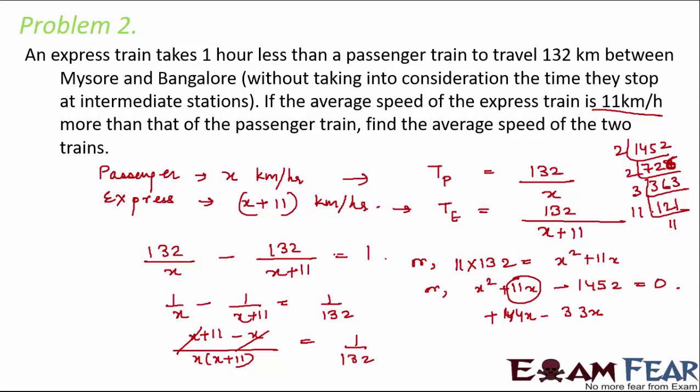So there also it doesn't work. Other option could be 11 into 3, 33, and 11 into 2 into 2, that is 44. So 33 and 44, yes, the difference is 11. So that works. So this would be plus 44x minus 33x. Here we have x square, here we have 1452 is equal to 0. So I think now you can very easily solve it and find out the speed of passenger and express train.